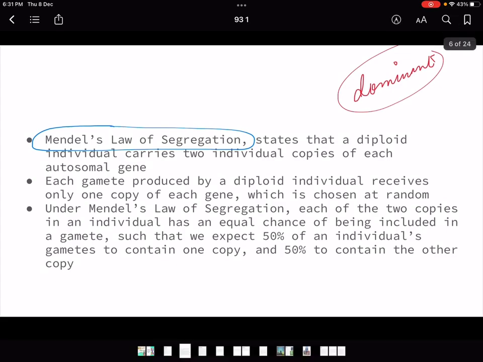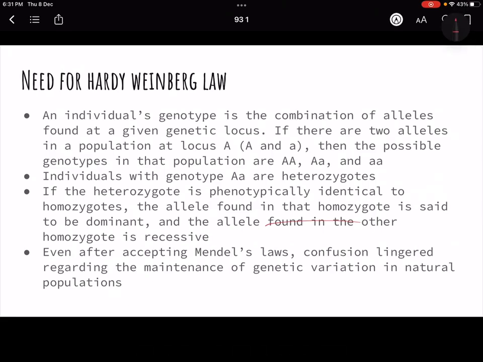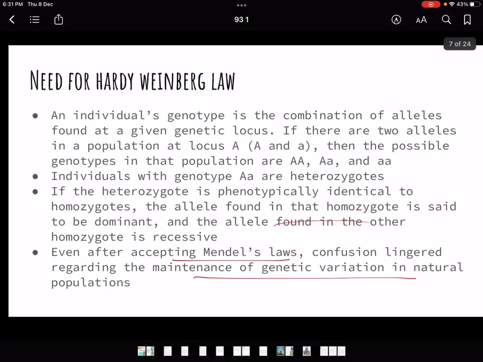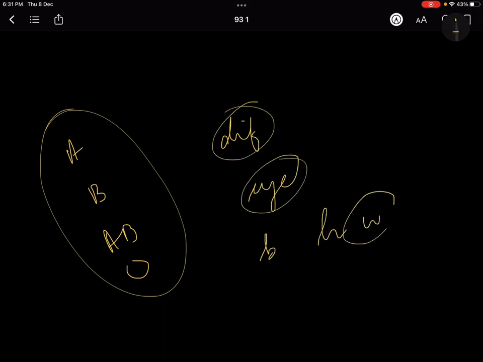When people started to read about Mendel's law, they started to think: if Mendel's laws were possible, why does maintenance of genetic variation happen in a population? If dominance and segregation were working, why are there different blood groups, A, B, AB, O, similarly different hair colors, eye colors, body types, heights, weights, fat deposition?